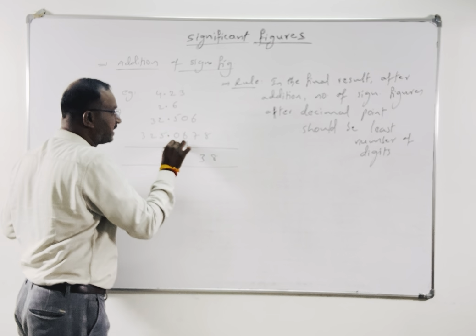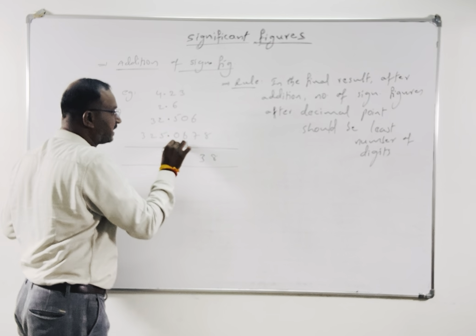The correct answer: in the final result after addition, the number of significant figures after decimal point should be least. In these values, which one has least number of digits after decimal point? This one. Only one digit is there.